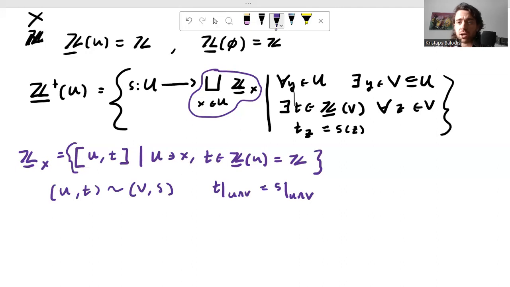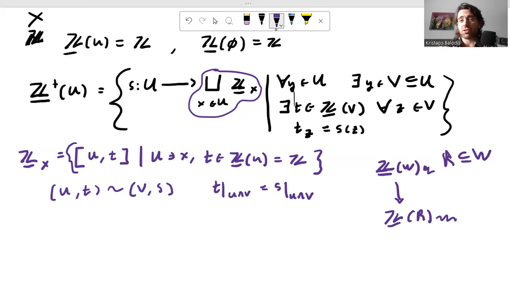But if I have some, I don't know, an open set R and W, I'm running out of letters here, remember our restriction map for the presheaf over W down to R is just the identity, right? This is a copy of the integers. This is a copy of the integers. My restriction maps are just the identity maps.